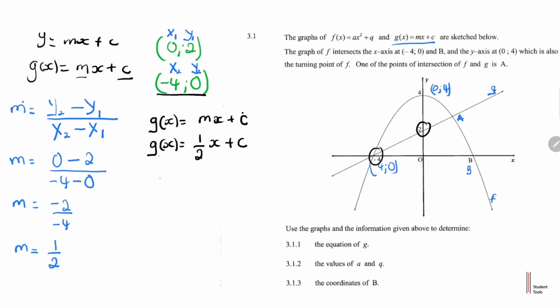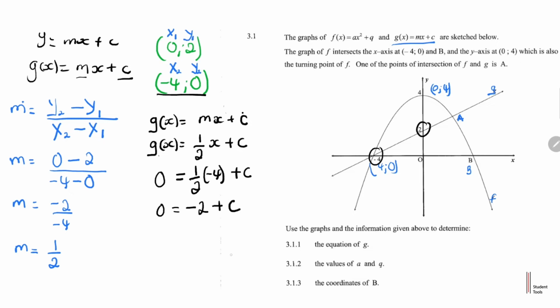So for g of x, we have 0 equal to 1 over 2, and x we're substituting with a negative 4, so this will be multiplied with negative 4 plus c. And then 0 will be equal to negative 4 multiplied by a half, that is a negative 2, plus the c.